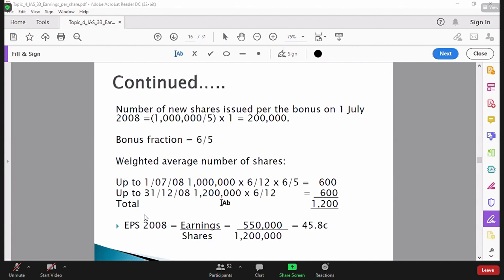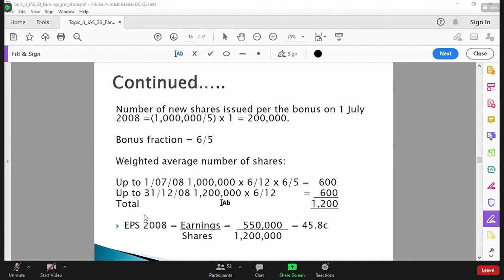If there was an issuance in March, it would be 10 months, so 10/12. So you have 600,000 also. So total up it is 1,200,000. That will be the number of shares.